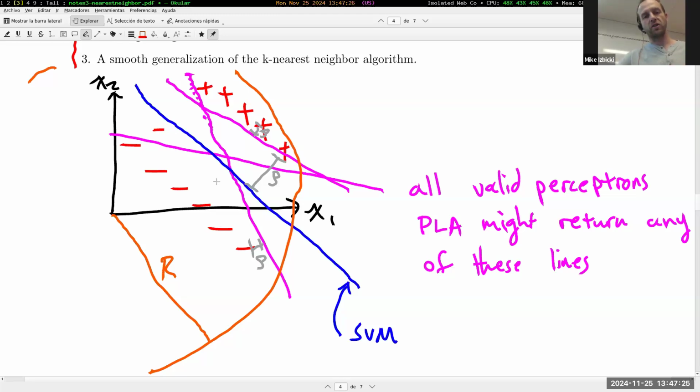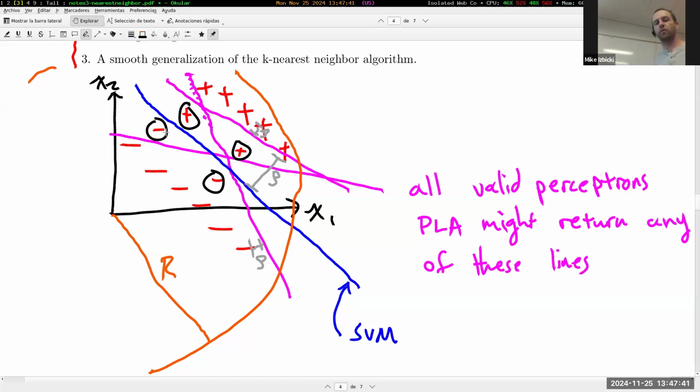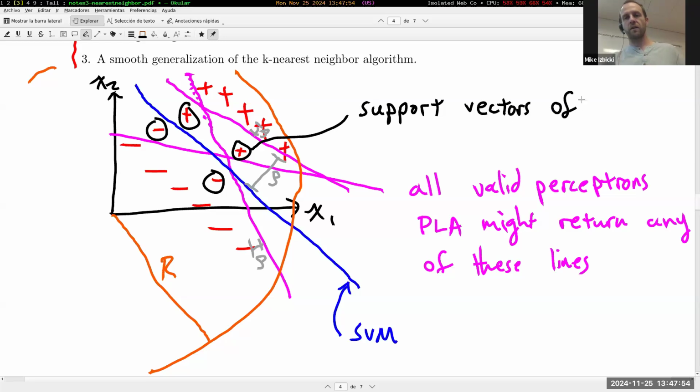If there are, say, 2 more minuses right here and 2 more pluses right here, these 4 data points, I'll circle them in black, are somehow the most important data points because they are closest to our separating hyperplane. And these data points are also called the support vectors of the hyperplane.